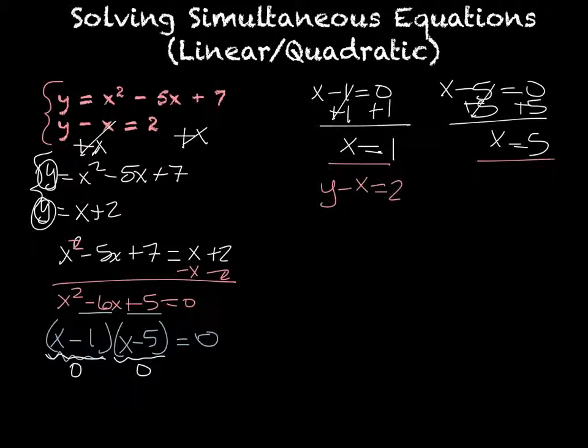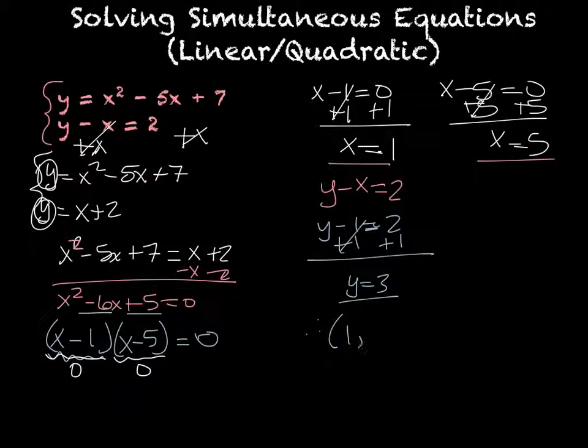And I'm going to put in 1. So y minus 1 equals 2. Well, that's going to give me, add the 1, 3. So y equals 3. And if x equals 1, y equals 3. Therefore, 1, 3 is an intersection point. The next one, again, pick that same equation just because it's easiest.